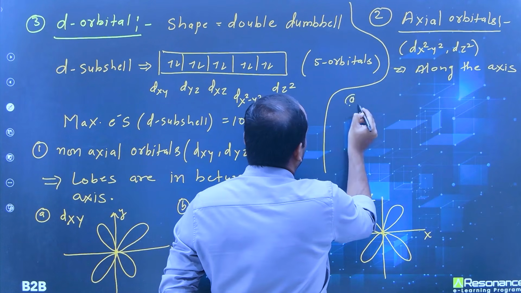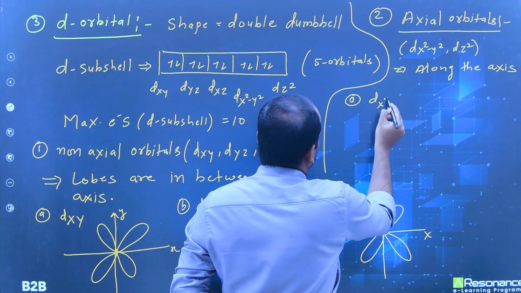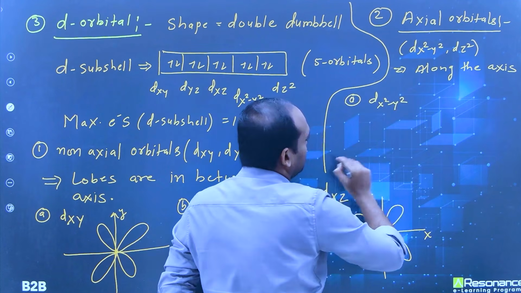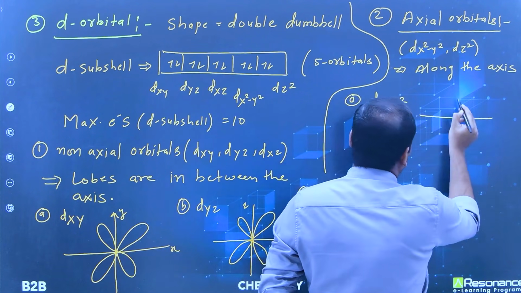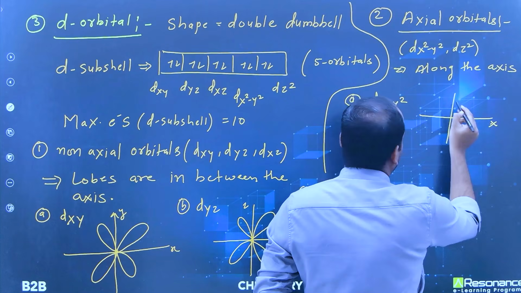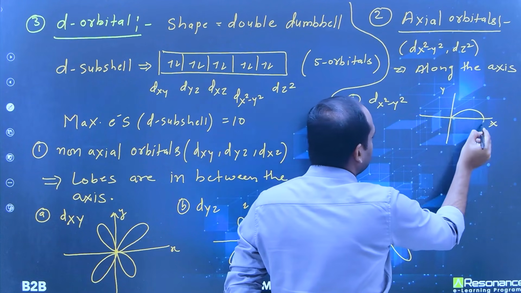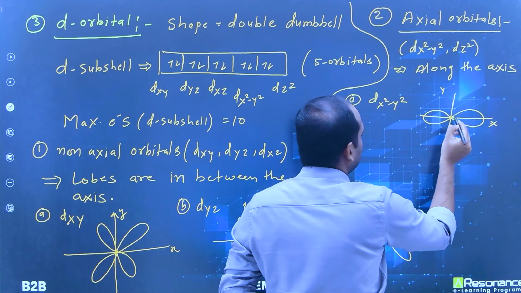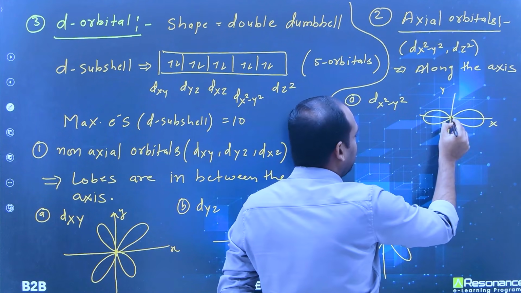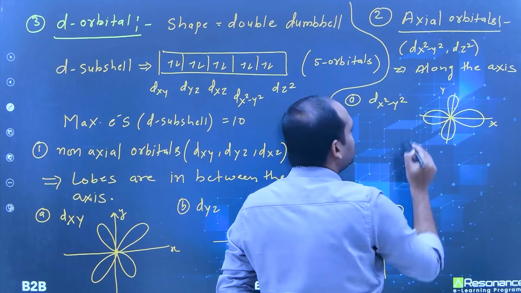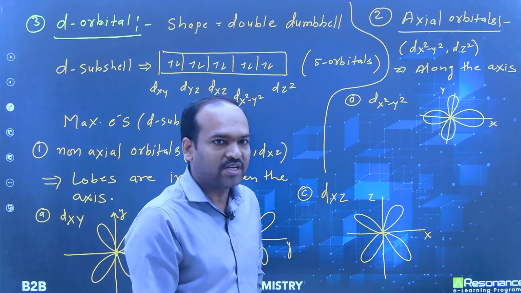First, dx square minus y square. Here I am taking this as x and this as y. Two lobes along the x-axis and two along the y-axis. This orbital is known as dx square minus y square.